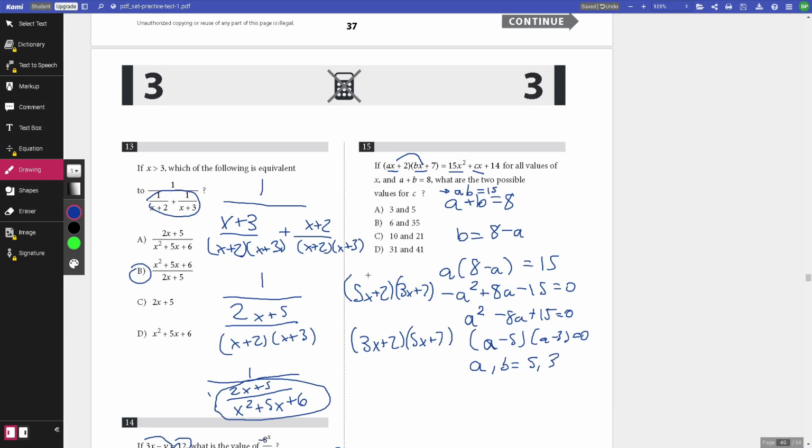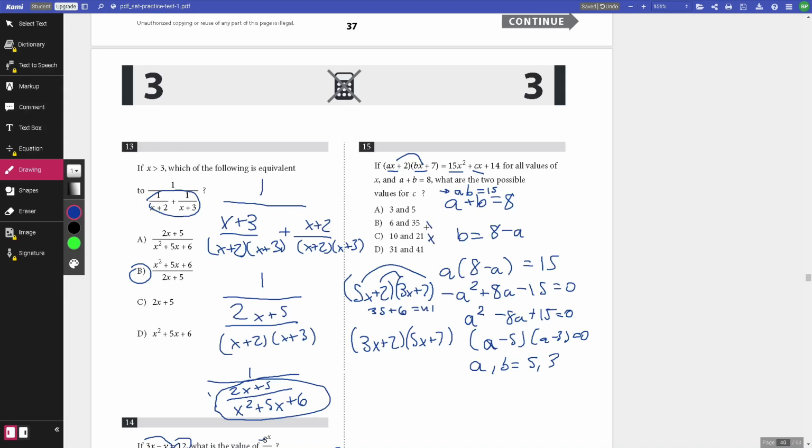So it would be 5x times 7 and 2 times 3x. So 5 times 7, you get 35, and then you add it to 2 times 3, which is 6, and you get 41.